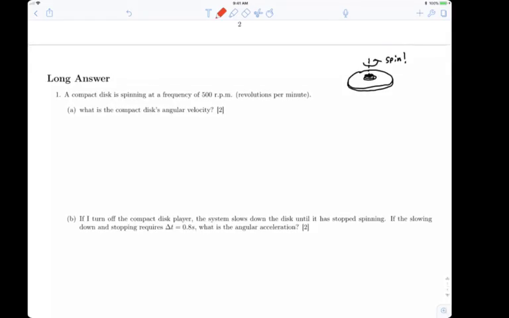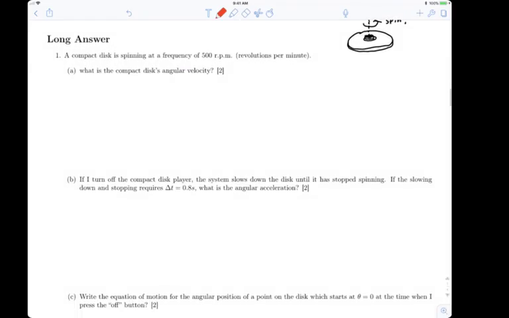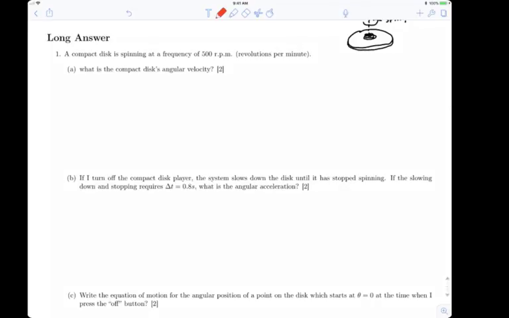A compact disk is spinning at a frequency of 500 revolutions per minute. We want to find its angular velocity. So it's 500. The trick to these is just to write out revolutions per minute, and then do a unit change to change these into not revolutions but radians per second.